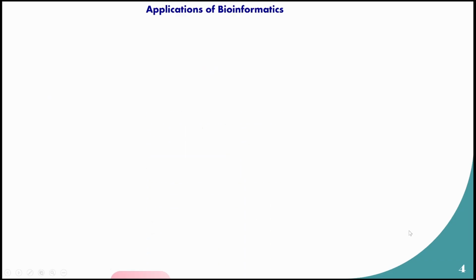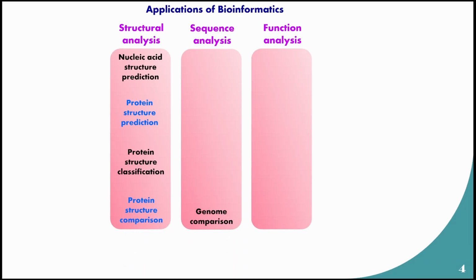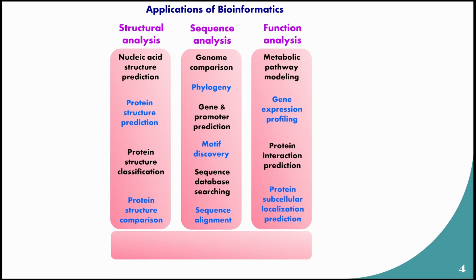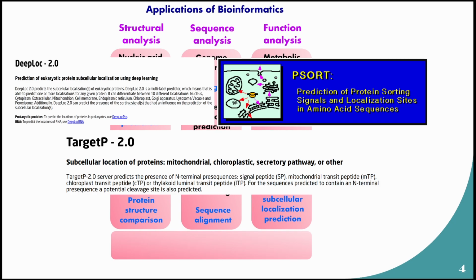Sir, can you give me an example of how to find a protein's whereabouts in the cell? So if you're talking about subcellular localization, I do not know any particular tool. So this could relate in different ways.